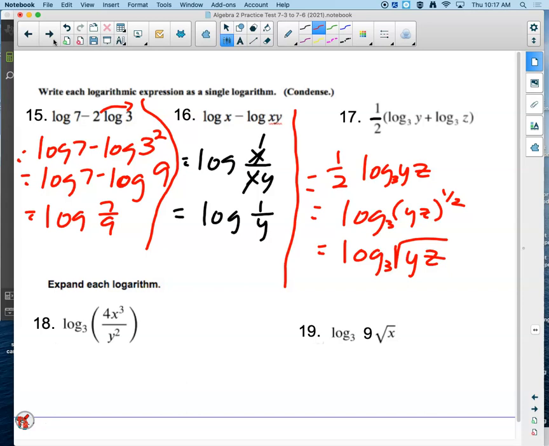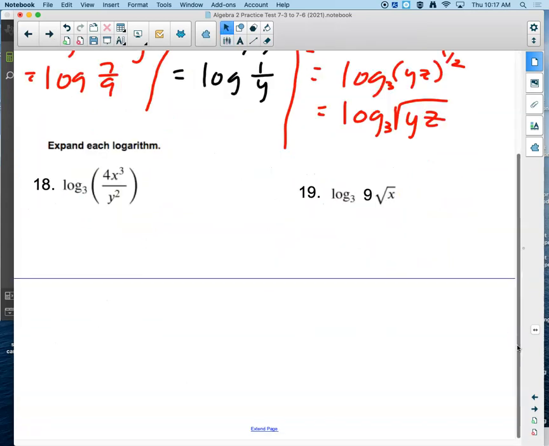All right. So far, so good? So now let's think backwards, because now we're going to expand. So what are you thinking for 18? Got some multiplication? What else?